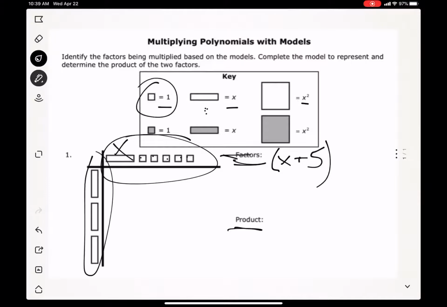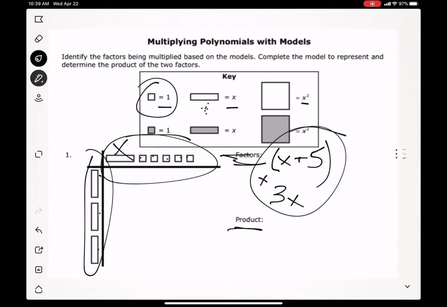Now, down here, I got more x's, right? And so I have 1, 2, 3, 3x. And so I'm going to multiply both of those factors together.